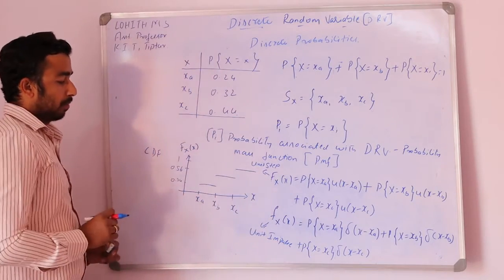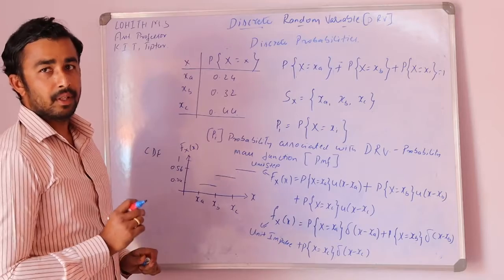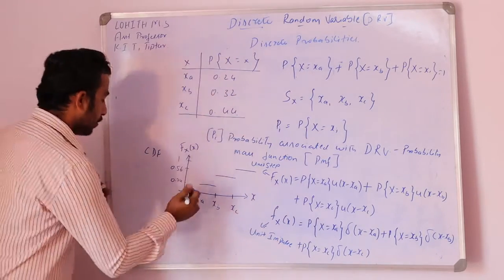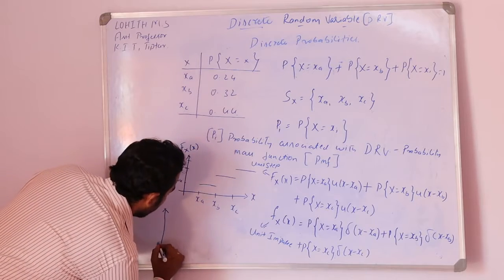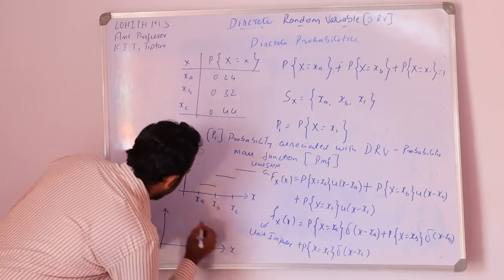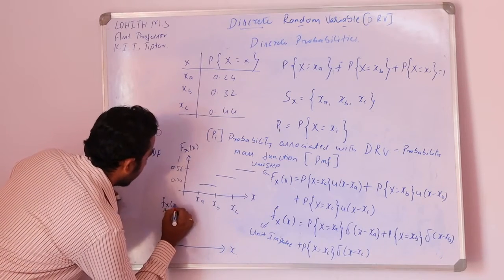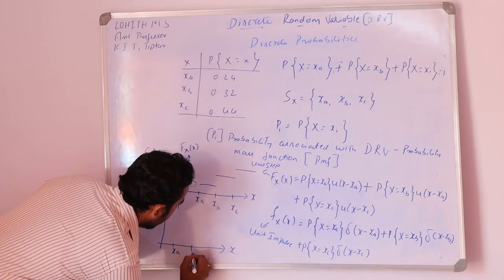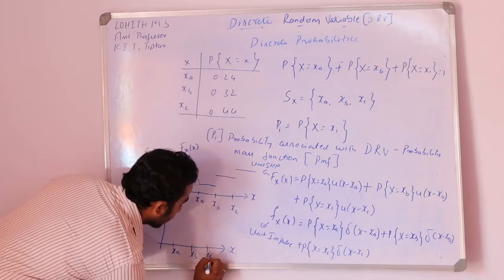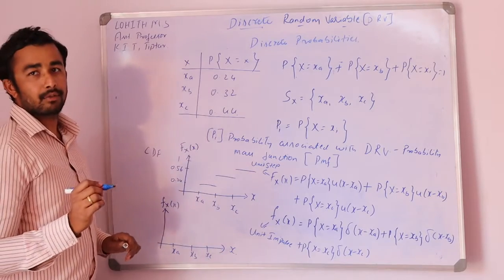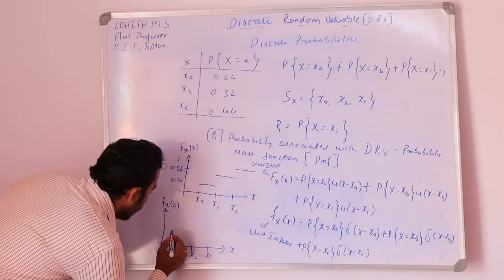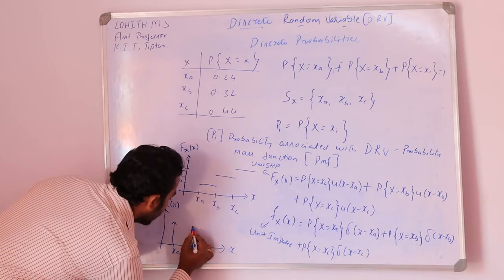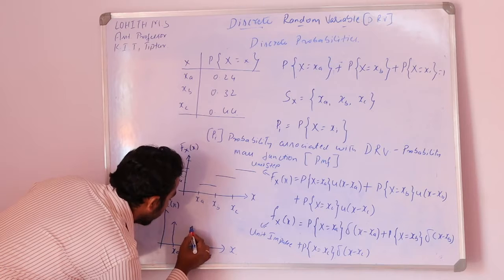In the probability density function, the area under the PDF curve will be equal to 1. So if I plot this, I'll get f x of x at xa, xb, xc. The area under the PDF curve will be equal to 1, and it is represented with an arrow mark, the unit impulse function.